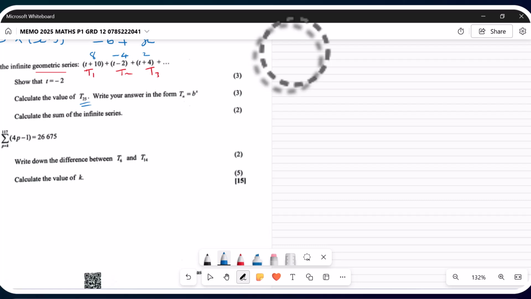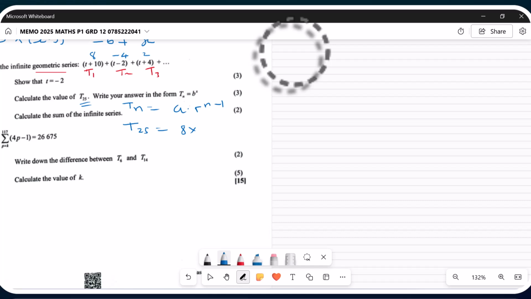But they want it in this form. So our 8, the same as saying 2 power 3, right? What about this one here? You can say negative 1 over 2, power negative 1. Now everything to the power of 24, right?